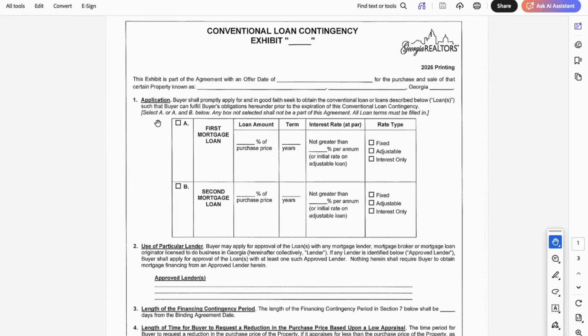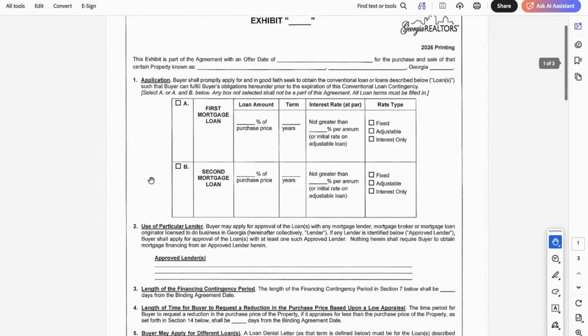Loan description. Buyer must select first mortgage only or first and second mortgage. For each loan, the contract must specify percentage of the sales price, the loan term in years, maximum interest rate or the cap, and type of rate: fixed, adjustable, or interest only.